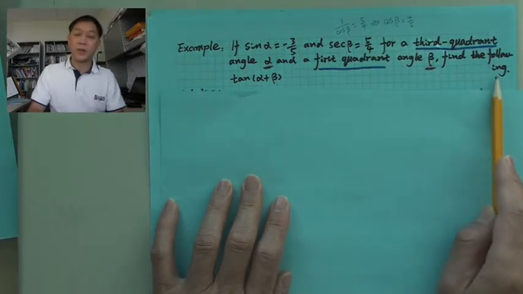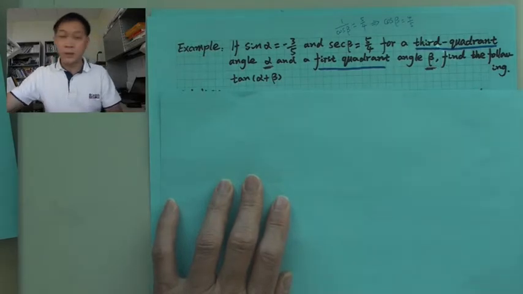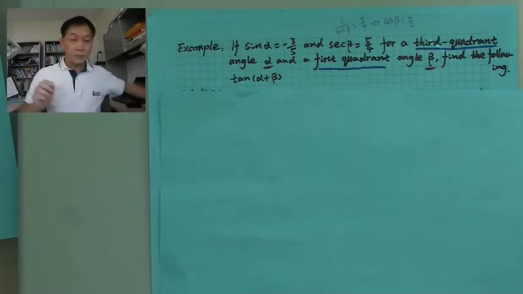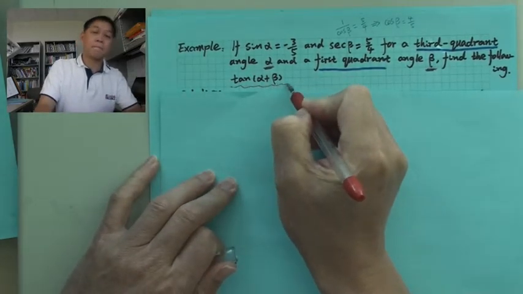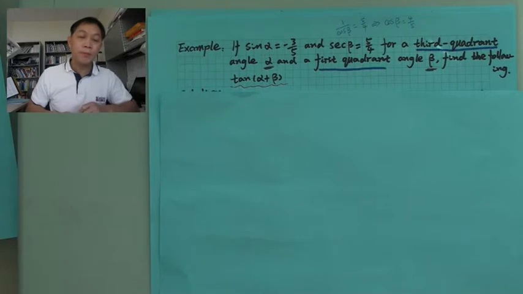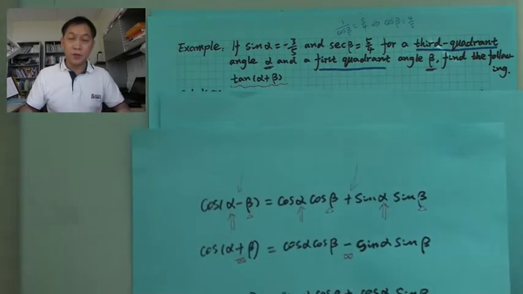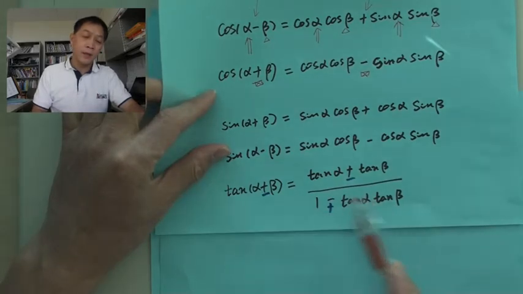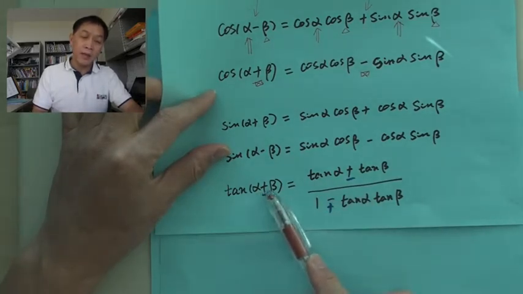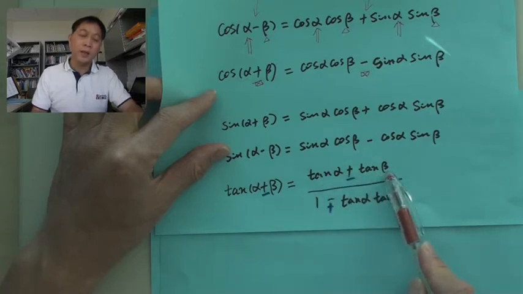Find the following. We want to find out tangent alpha plus beta. And then we need a formula, which is this formula. If here is tangent alpha plus beta, then you will have tangent alpha plus tangent beta.